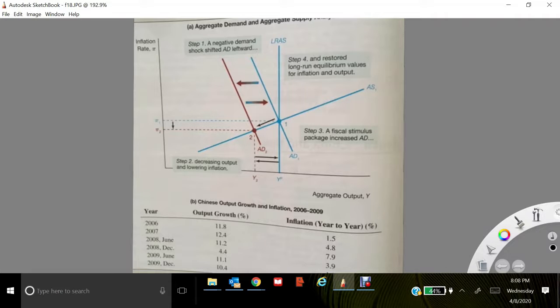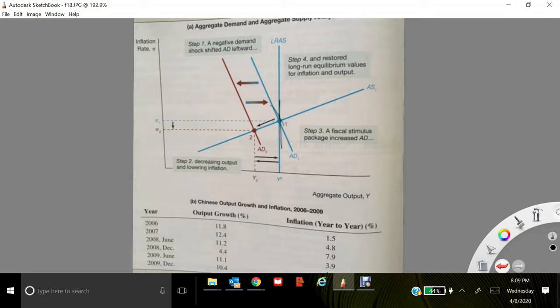So finally, the final example in this chapter, page 546, shows the effect of the financial crisis on China. Look at that. Here's our nice curve. Who knew that the Chinese economy could behave like the U.S. economy in certain aspects?